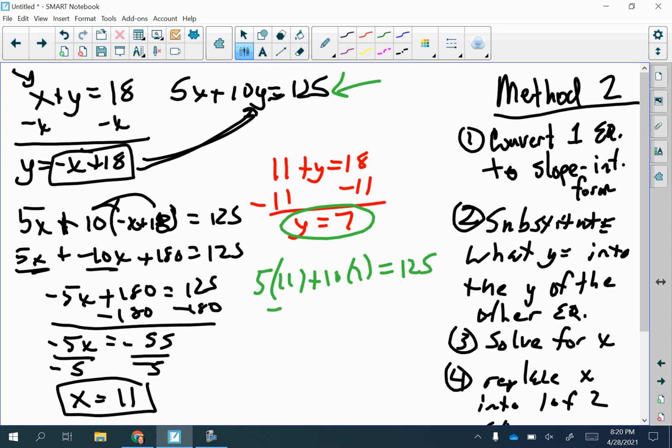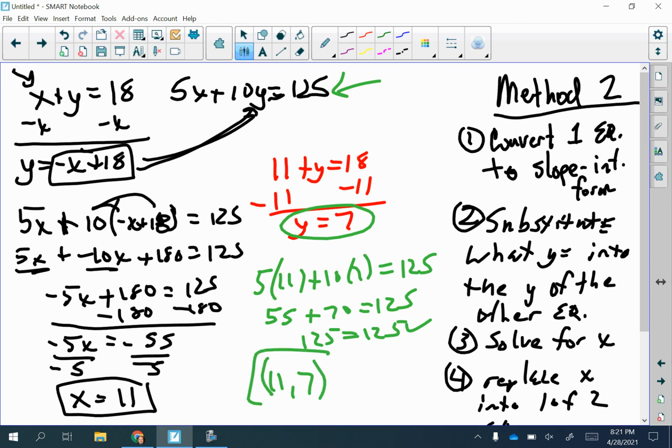Well, 5 times 11 is 55. 10 times 7 is 70. And 70 plus 55 is 125. So that checks. So that means our solution, just doing this a slightly different method, is 11, 7, which happens to be the same coordinate we got with the story problem.